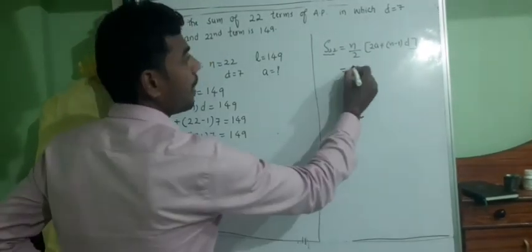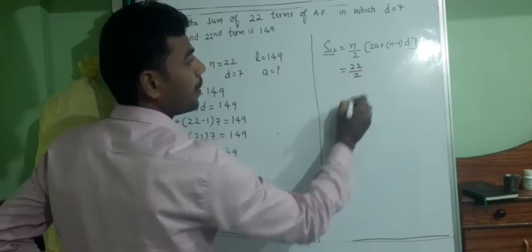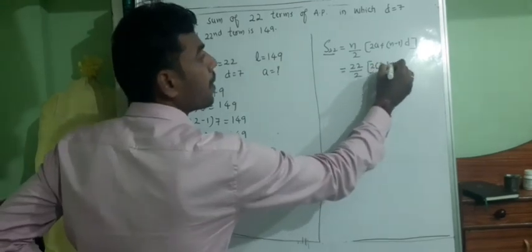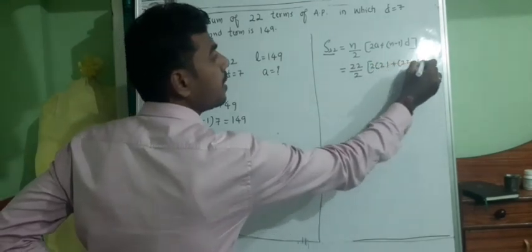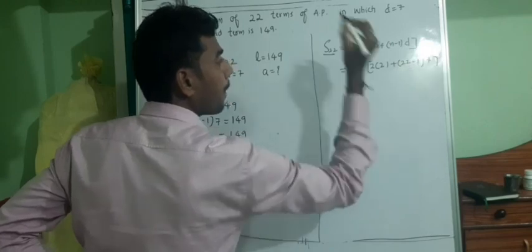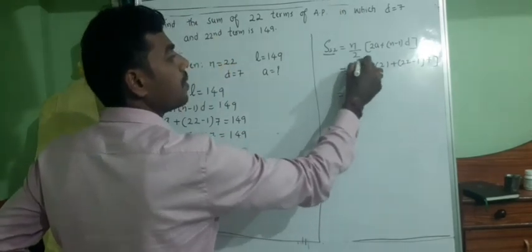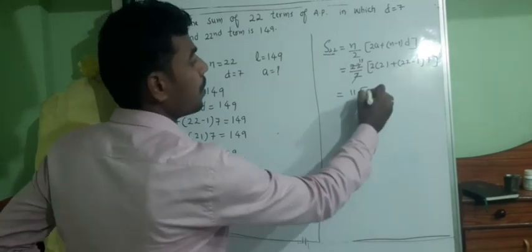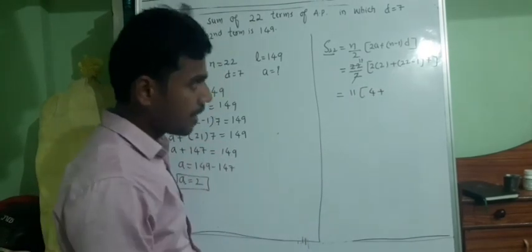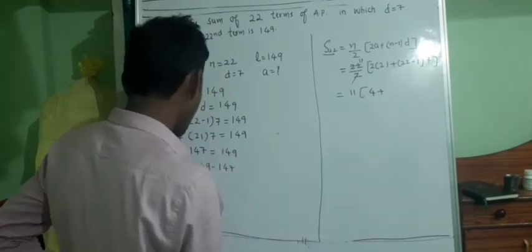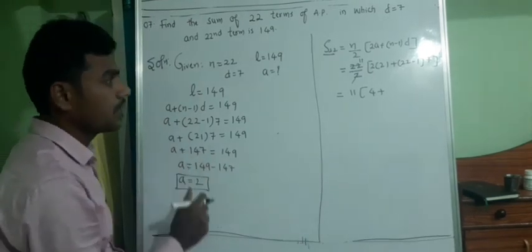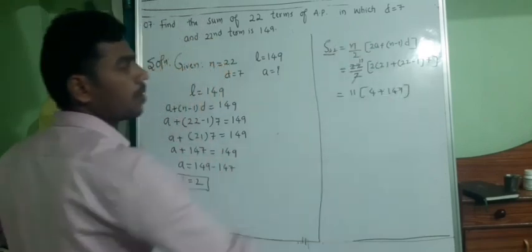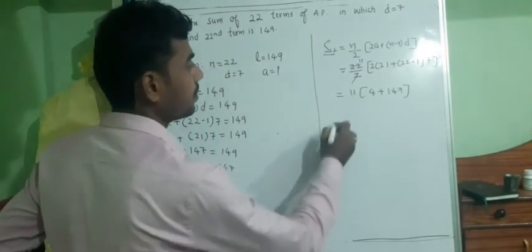N is 22 divided by 2, 2 into A, just now we got 2, plus 22 minus 1 into 7. 21 into 7 is nothing but 147.